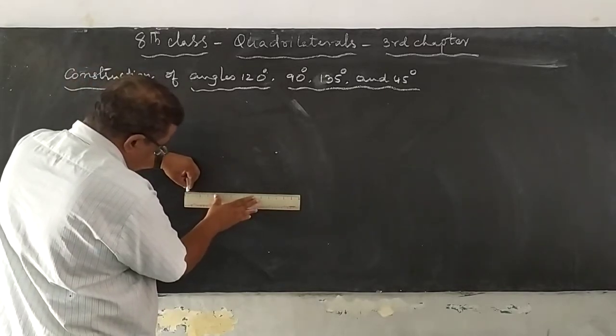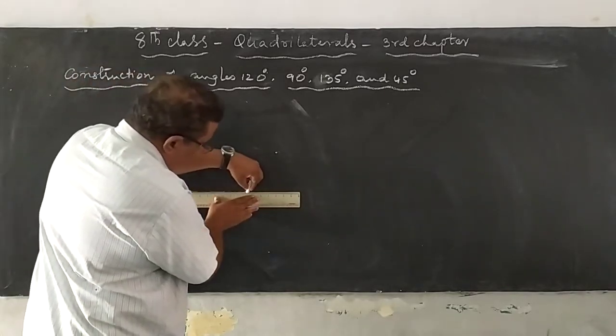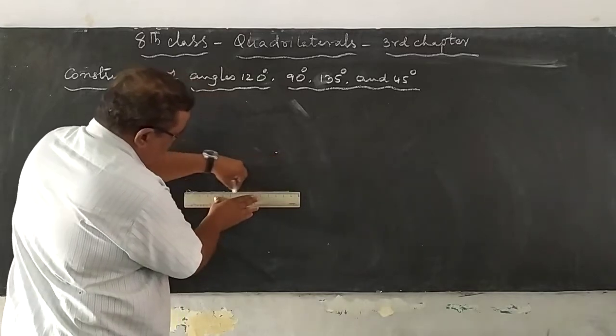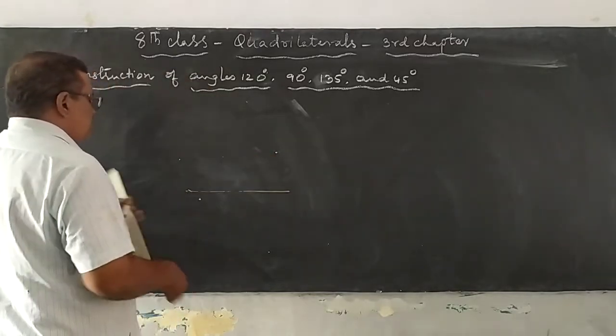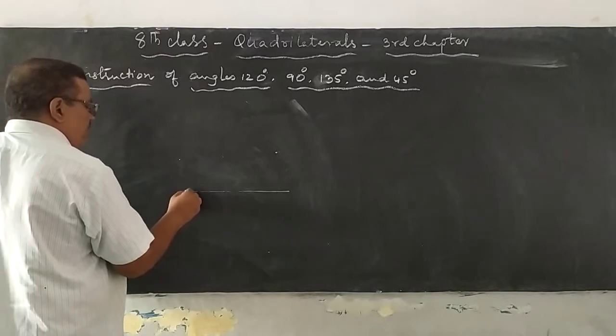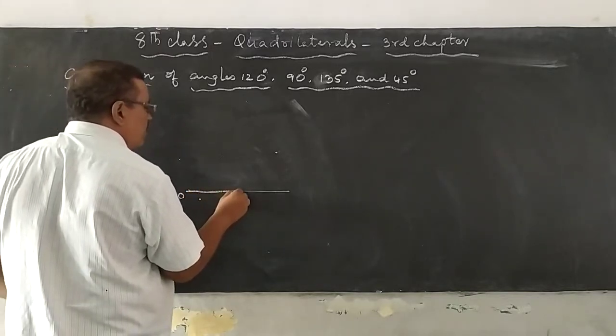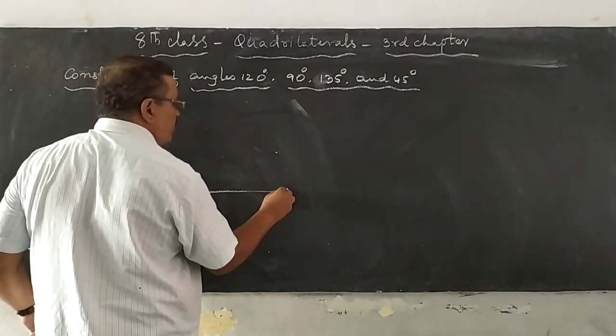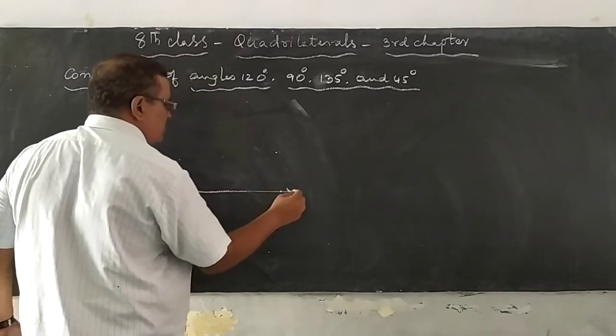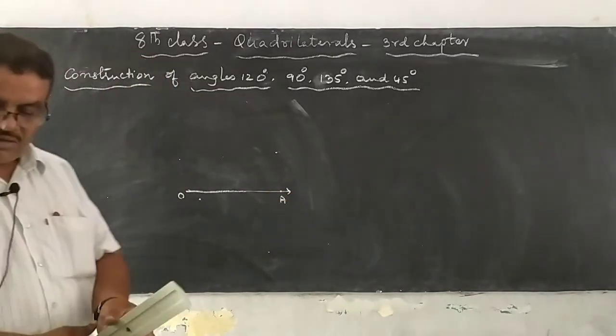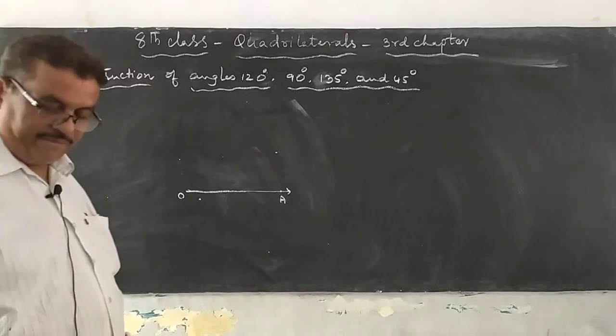Draw a ray OA with some convenient radius. This is ray OA. After that, take the compass.